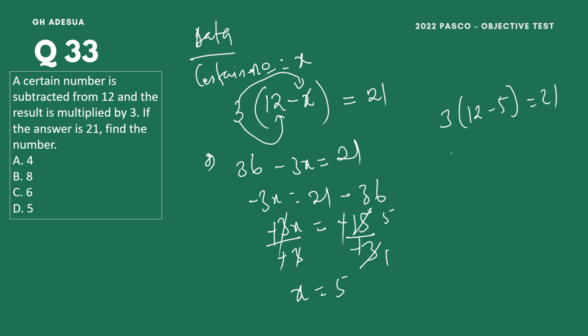So we have 3 into bracket 7, and 3 times 7 is 21. This is just a proof. So the answer here is D, 5.